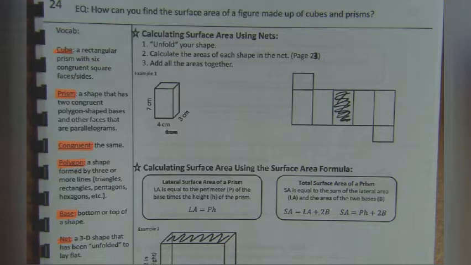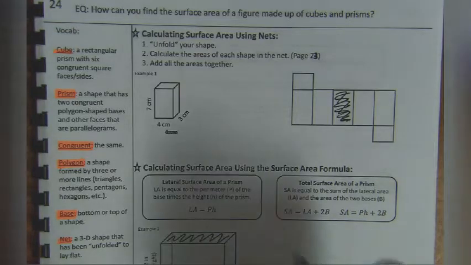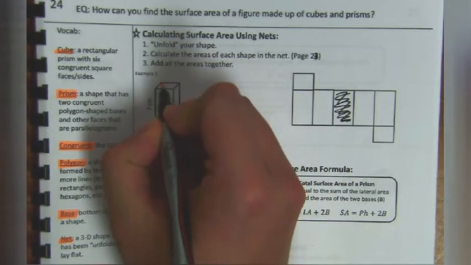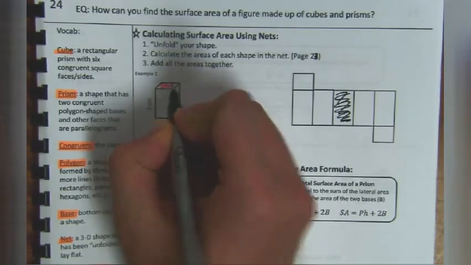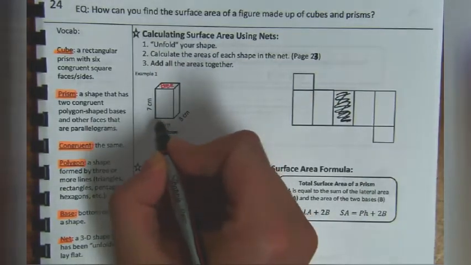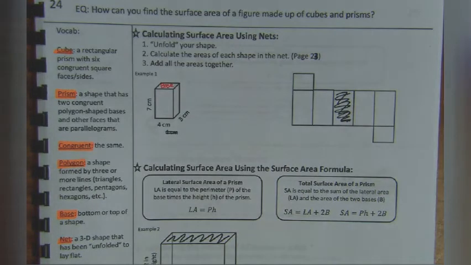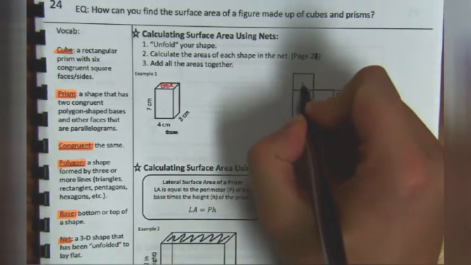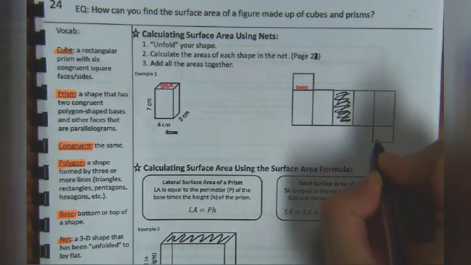All right, so guys, the first thing that I'm going to do is label the different sides of my shape. So here on the top, I've got a base. There's also a base down on the bottom. You just can't see it because it's on the bottom. So this is a base, and this is a base.